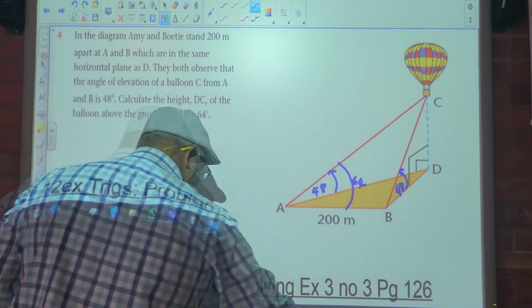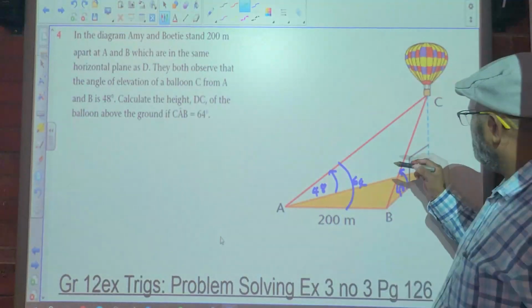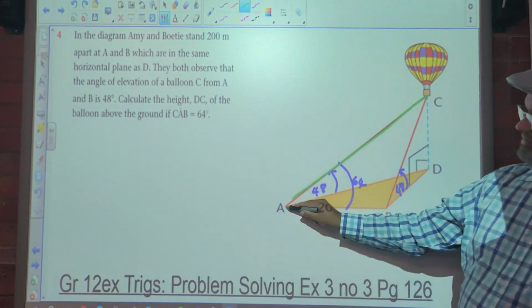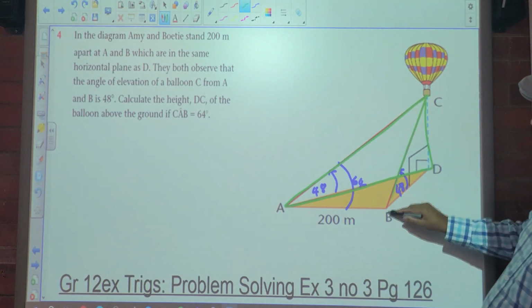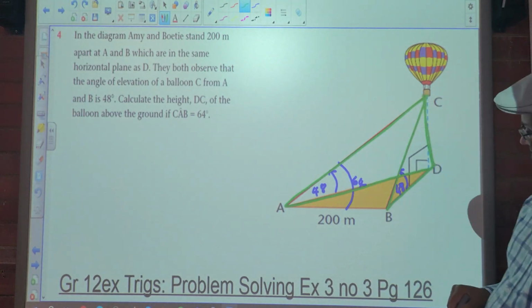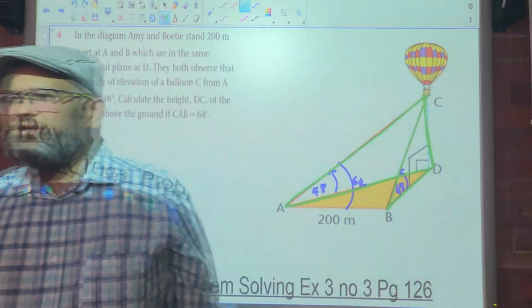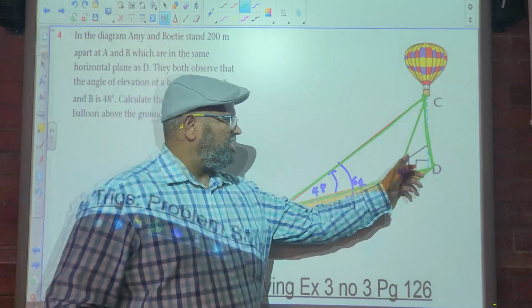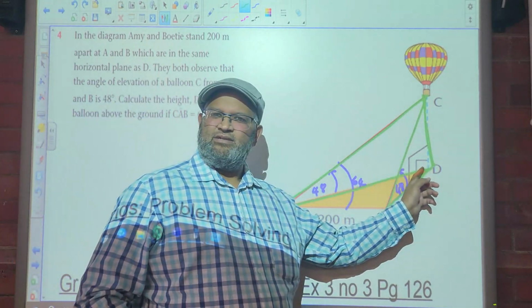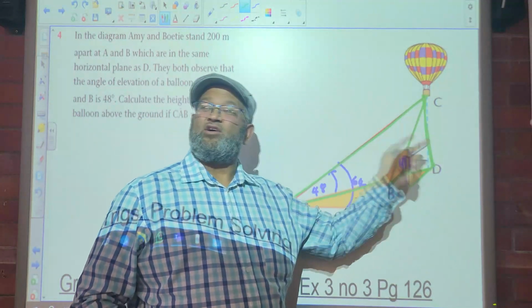Okay, so looking at these two triangles here, what do you notice about triangle ADC and triangle BDC? They have the same angles, so there's 48, 90, 90, and I've got the common side.